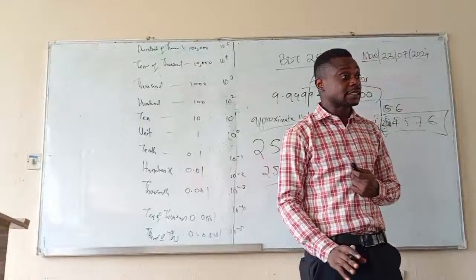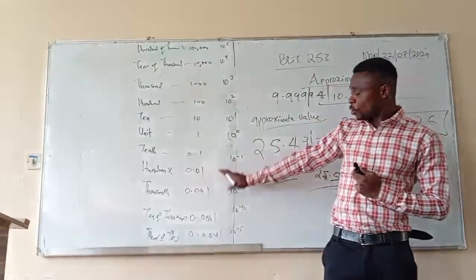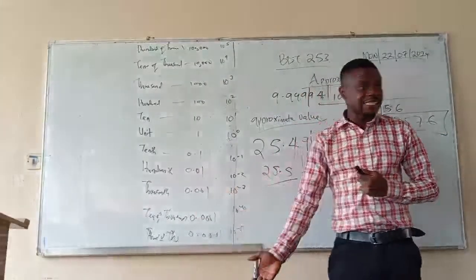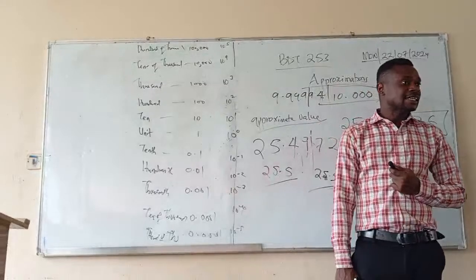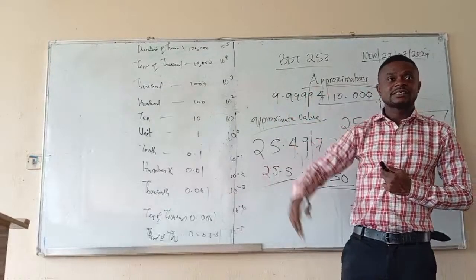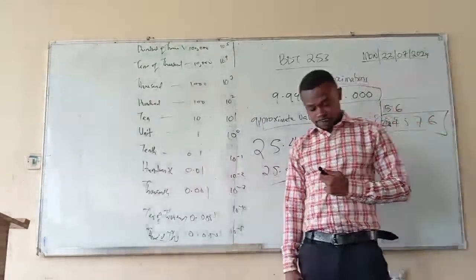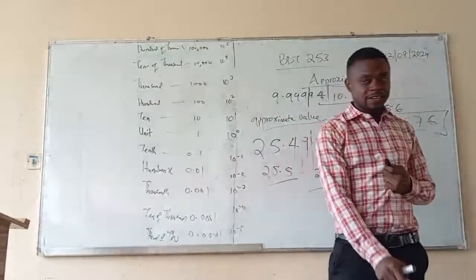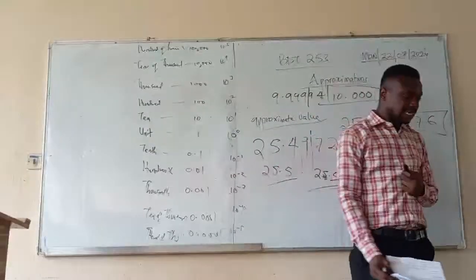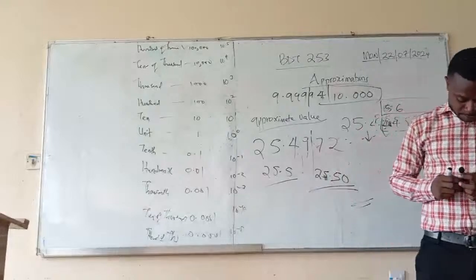You see things like nearest tenth, nearest hundredth, nearest 100. So this is what we mean by based on place values.